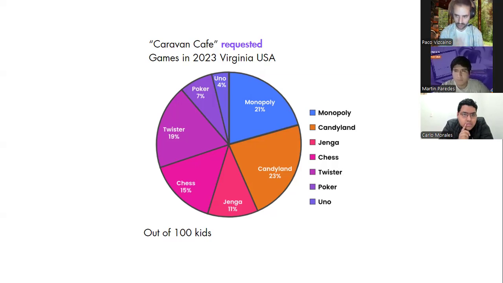Quiero ver cómo ordenas tú el 23% y el 100%. La siguiente muestra es de 100 niños. El 23% de aquellos niños solicita o requiere o prefiere jugar Candyland, ¿no?